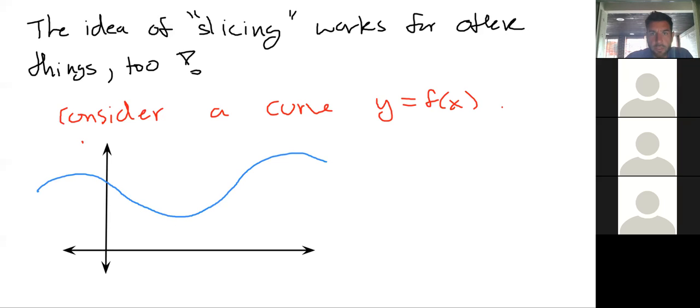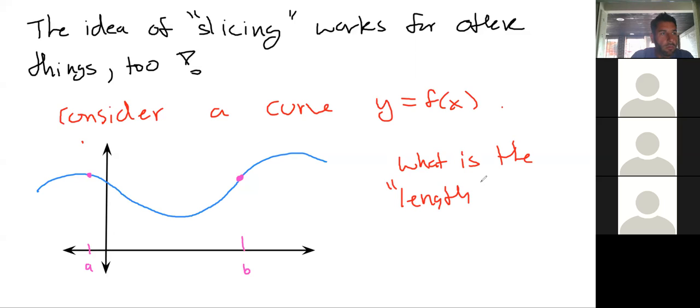Here's my curve, and let's just pick 2 points. For lack of a better word, I'll call one A. I'll call the other B. And essentially what I'd like to know is the following: what is the length from point A to point B?